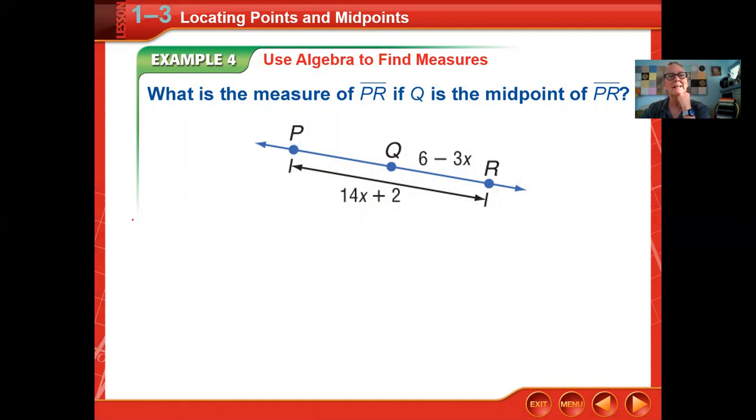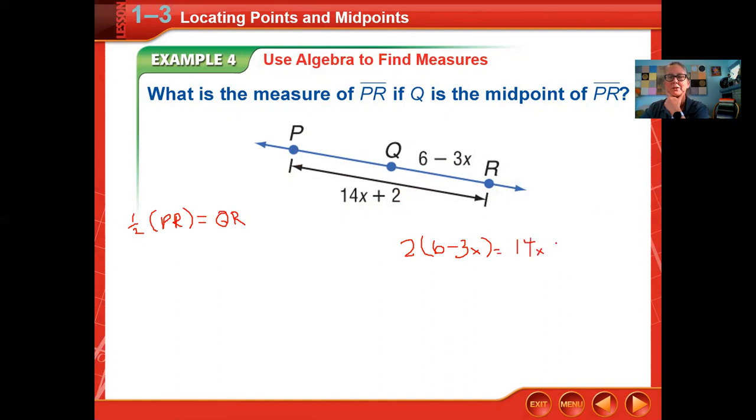Would you rather say that half of PR equals QR because of the midpoint, since Q's in the middle, the length of half of this equals this part? Or would you rather say 2 of these, 6 minus 3x, equals the whole thing, 14x plus 2?